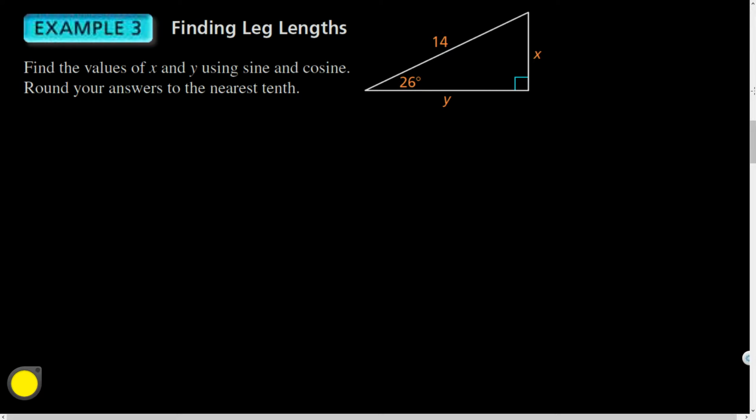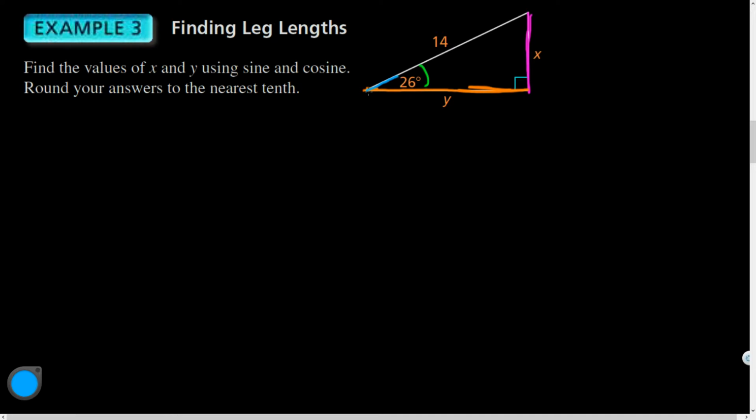So let's take a look at this one. Find the values of x and y. This is where this is helpful. Let's put this to work. Why would tangent not have worked for me in this problem? Correct. Student said we don't know the opposite or the adjacent. That's correct.